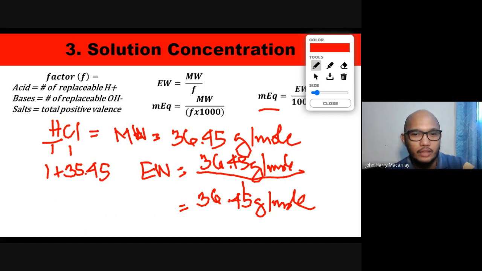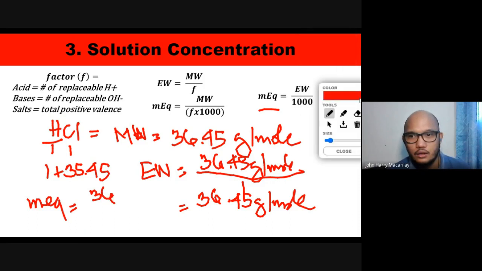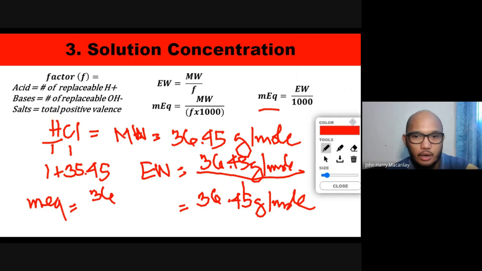And then to determine now the MEQ, we'll use this formula, equivalent weight divided by 1,000, 36.45 divided by 1,000.